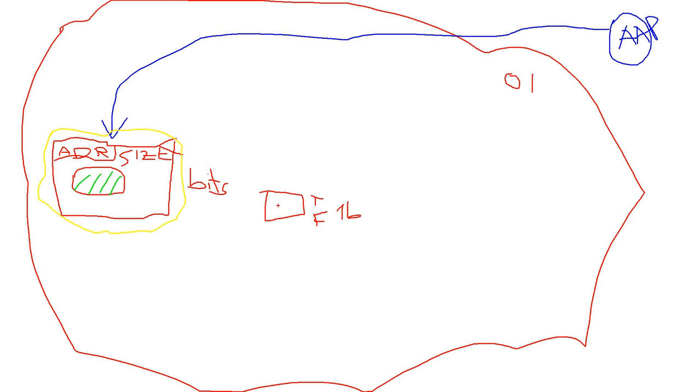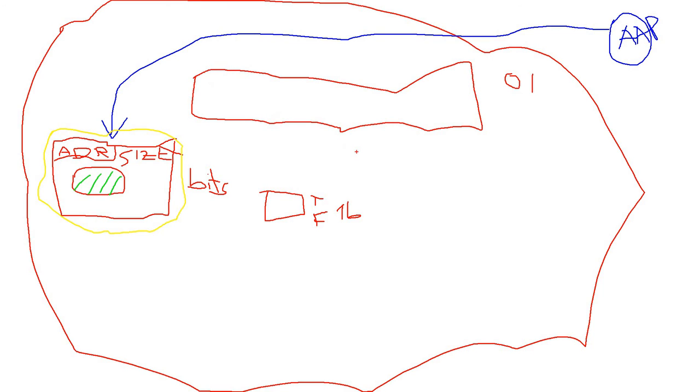Therefore, the Boolean is likely to be the smallest data type you will find, whereas, for example, you could have something like a string, which is a data type that can grow. It doesn't have a specific size. It has a variable size.